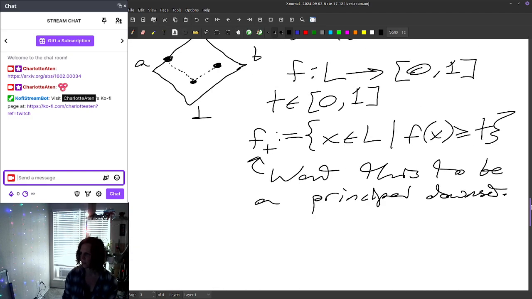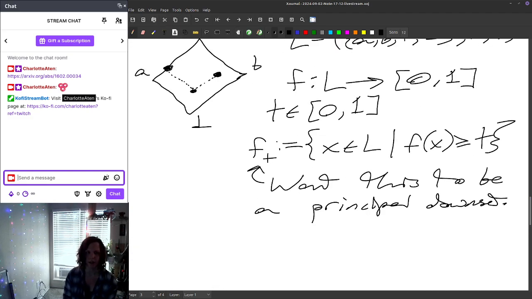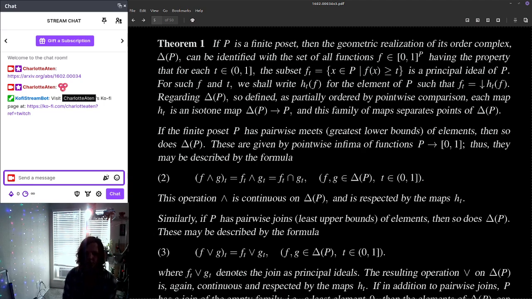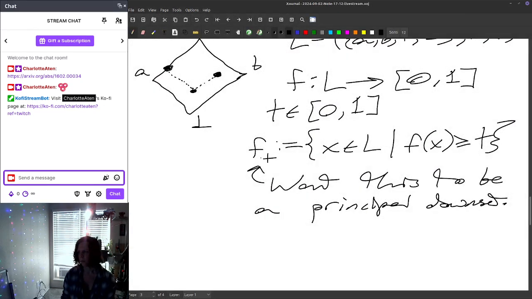I said downsets, but actually, no, it's fine for me to say downset. There's a question of why I said downset when the paper said ideal.